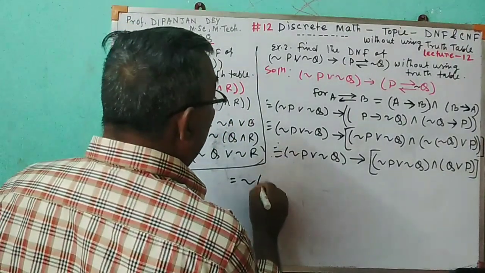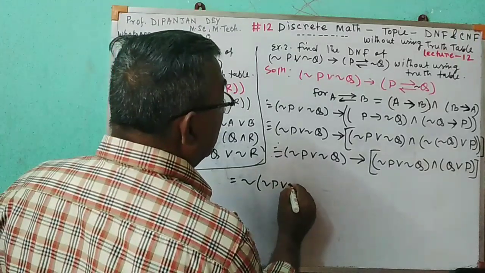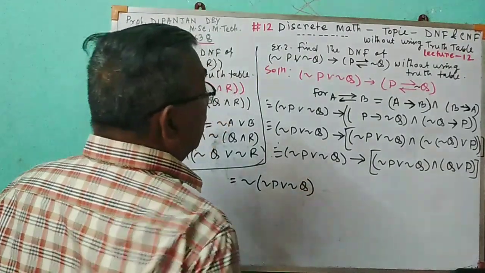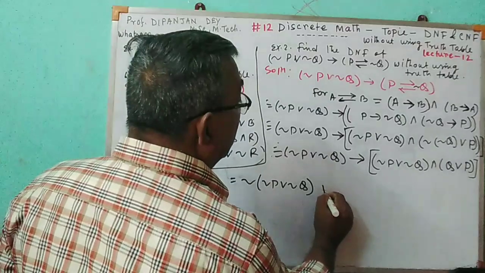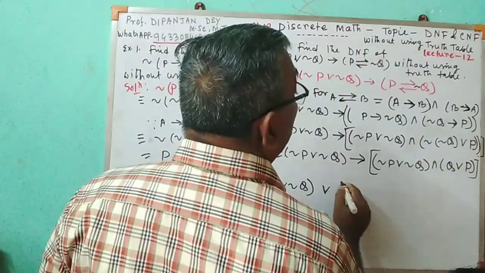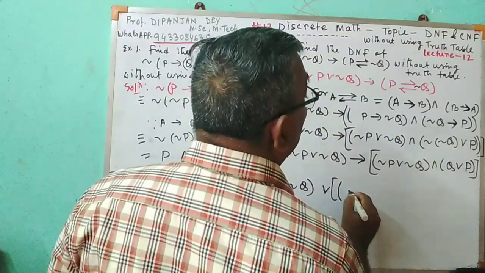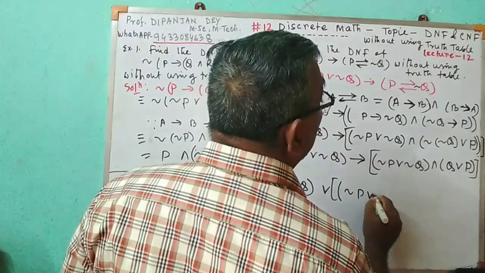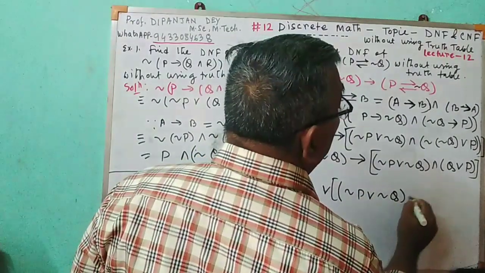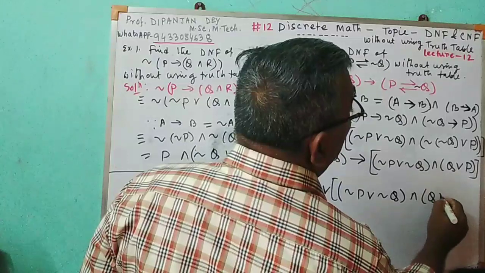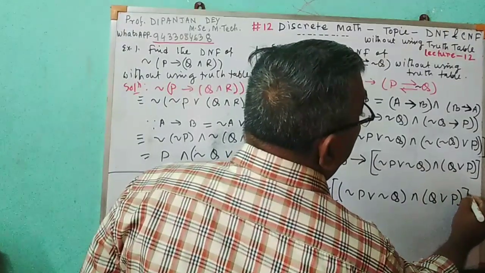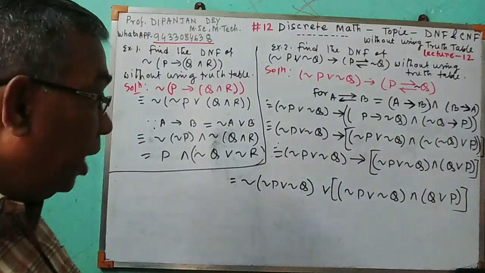So negation of negation P, negation Q, negation of this, then disjunction of this part, that is negation P, negation Q, disjunction P. Is it clear now?